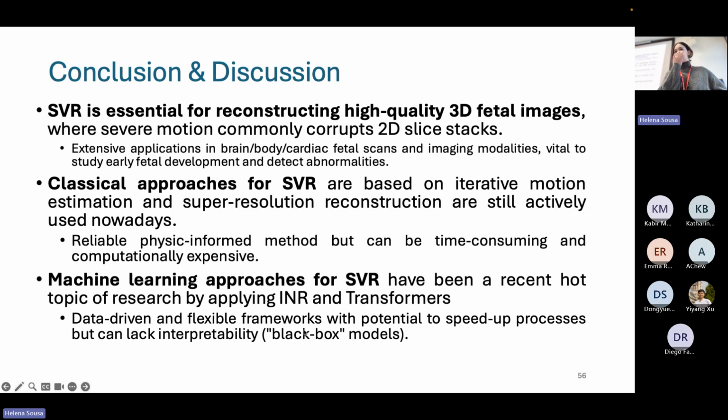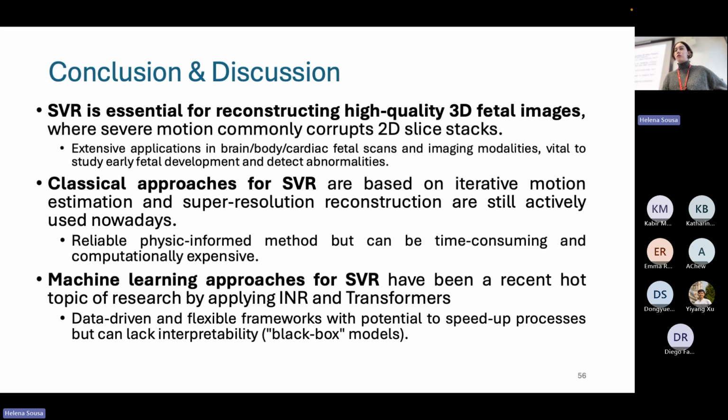So finally, as a conclusion and discussion, SVR is quite essential for constructing high quality 3D fetal images, and in particular when we have severe motion in subjects. We've shown some applications that we can have in brain, body, and cardiac fetal scans.